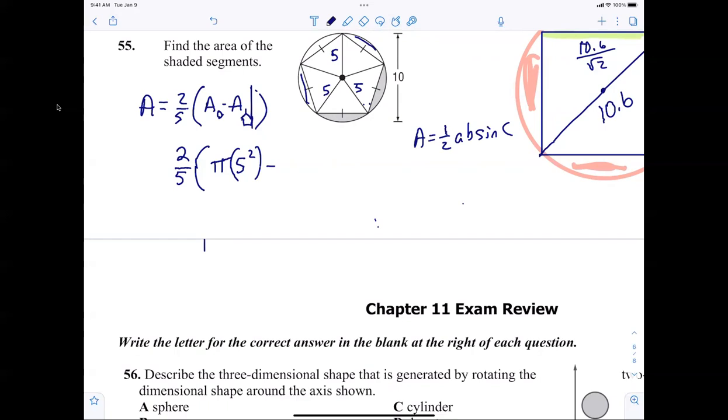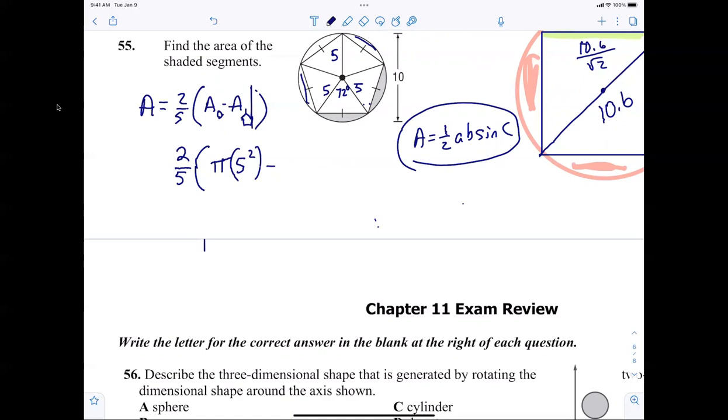Because what's 360 divided by 5? So this angle right here is 72 degrees. Is everybody with me? So again, this is a super helpful formula to find the area of a triangle when you have side angle side. Is everybody with me on that?